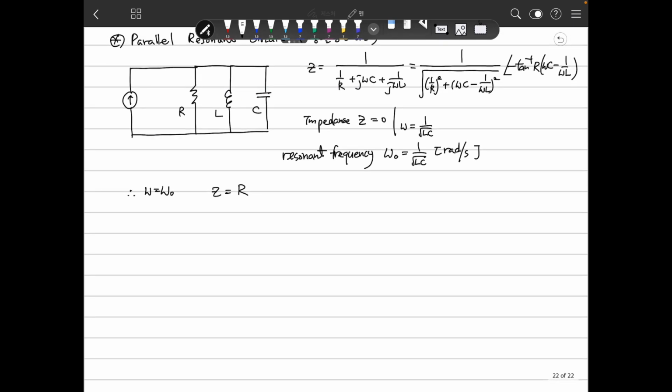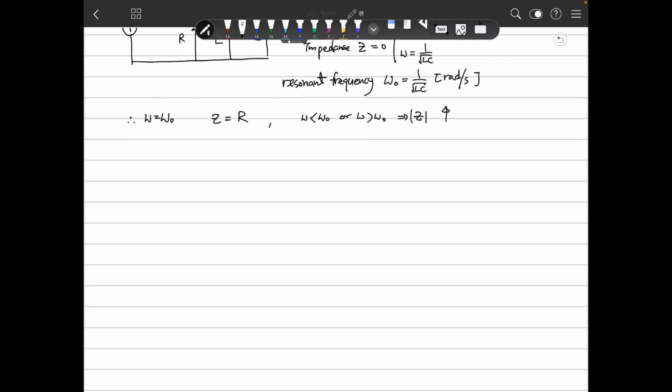So if omega is smaller than omega 0 or omega is larger than omega 0, then because G is in this form here, the magnitude over here is increasing, then G is increasing.